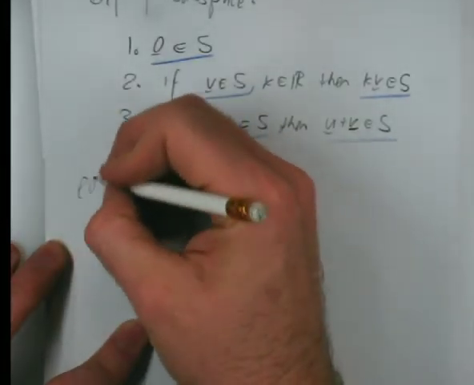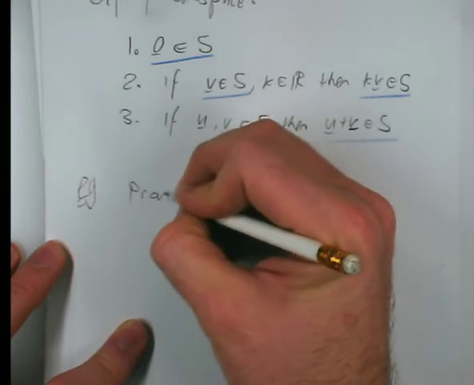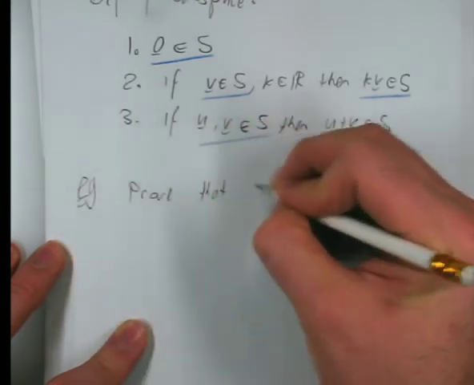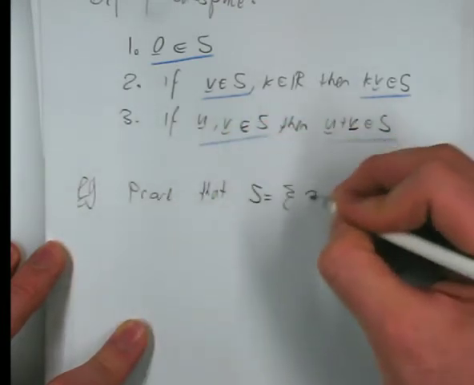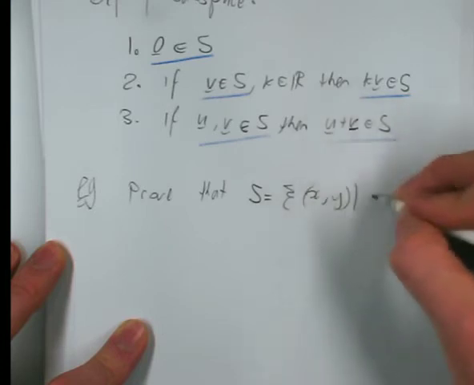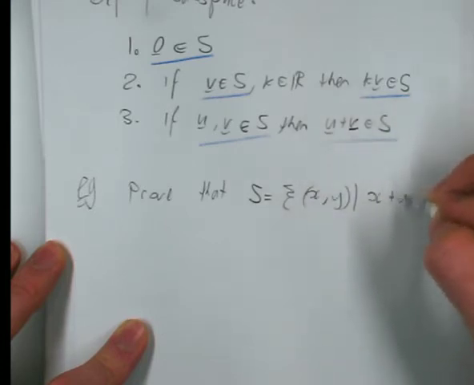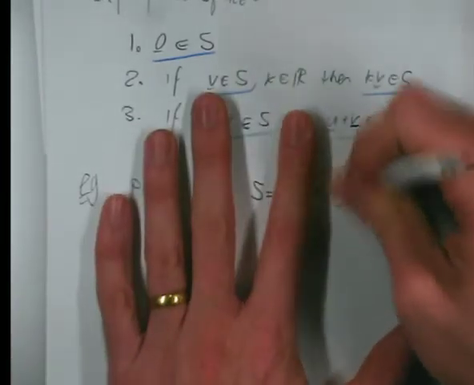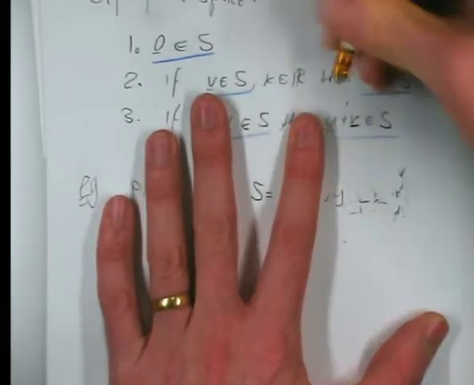So let me do an example. I'll need 3 of them just to make it hard for myself.